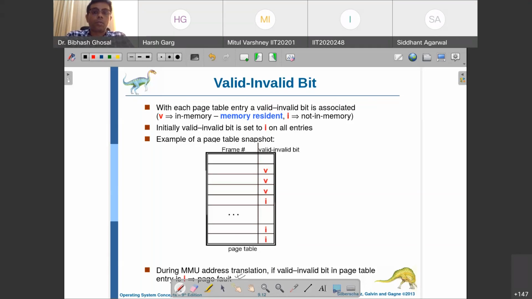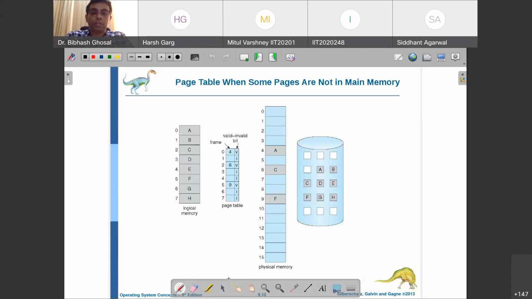Well, what happens if you have a page fault? This is the situation that you have. Let's look at this. This is the logical memory, and here you have the current situation. We have A, B, C, D, and this is the number of pages that you have. This is the frame number. So what you see is the page table content.